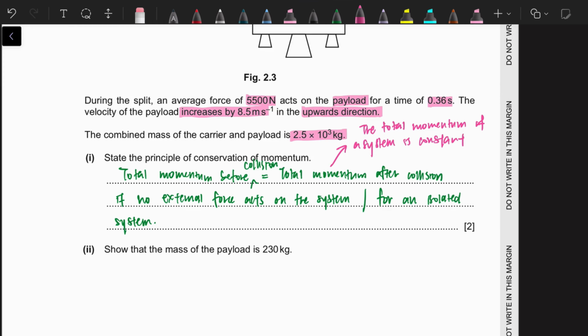Then you continue, for an isolated system. It's very important to say for an isolated system or no external force. And also very important to say the word total. You can say total or you can say sum, any synonym, as long as it gives the same meaning. Okay, got your 2 marks already.